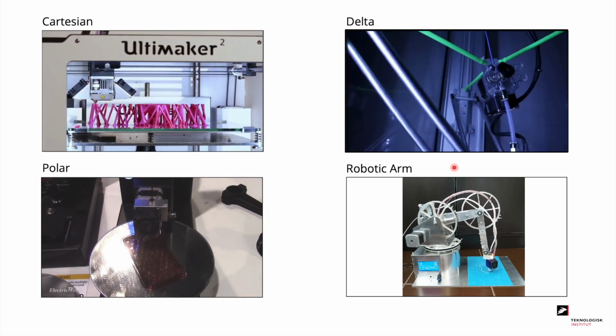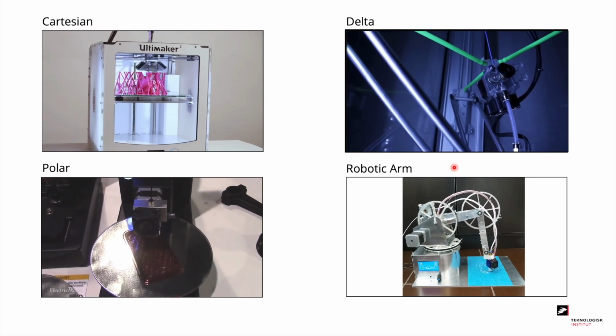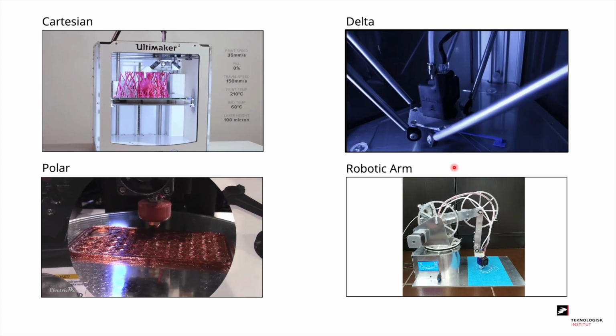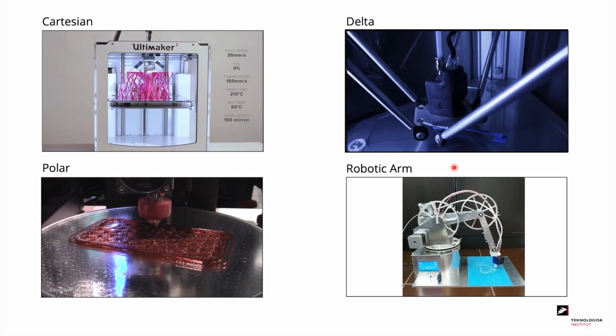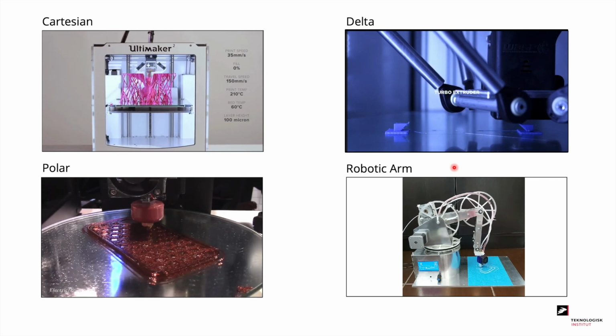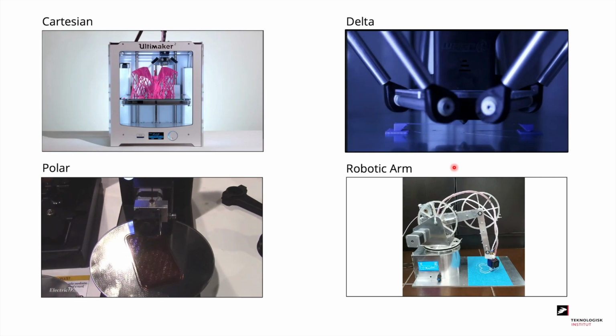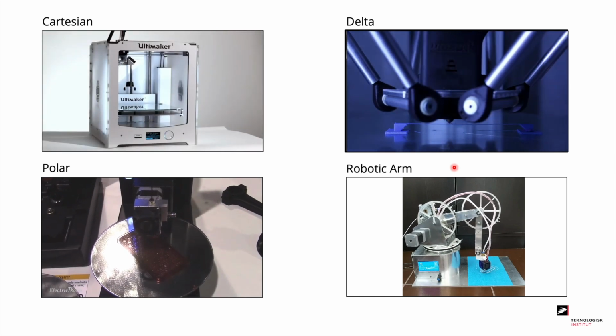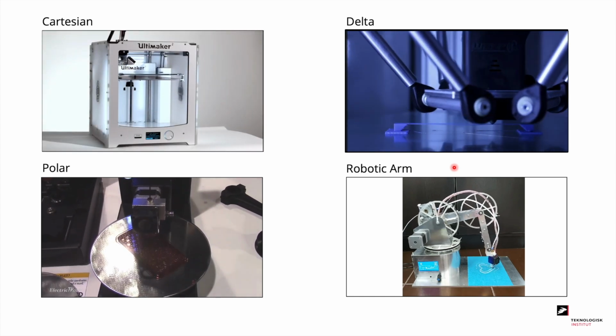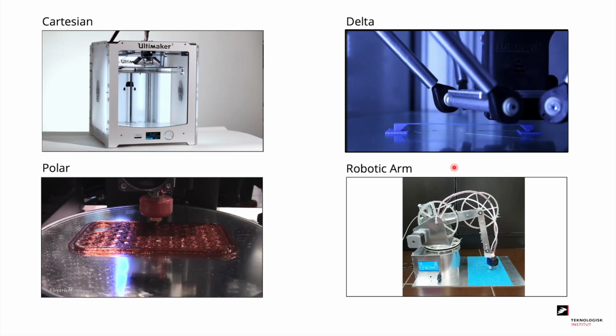The robotic arm might be the most complex of these types of printers, but it's also the one with the most degrees of freedom, where you don't have a defined space that it can print within. Of these 4 types of FDM printers, the Cartesian model is probably the most commonly used today.